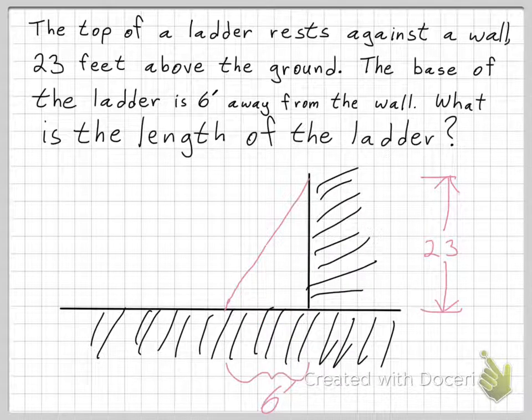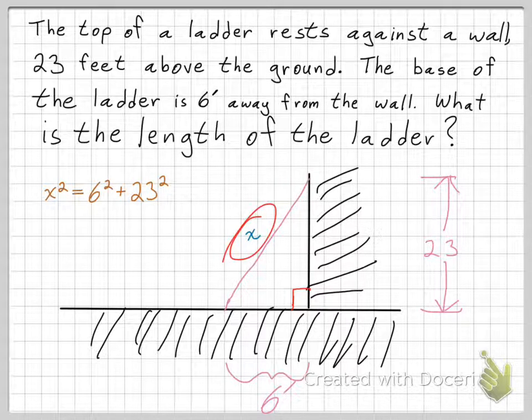And remember that the way the building meets the ground is at a right angle. So that's a right angle. So hey, we can use the Pythagorean theorem to solve this problem, to find out the length of the ladder, or x, the length of the ladder. Okay, so using the Pythagorean theorem, we have that x squared is equal to 6 squared plus 23 squared, right?